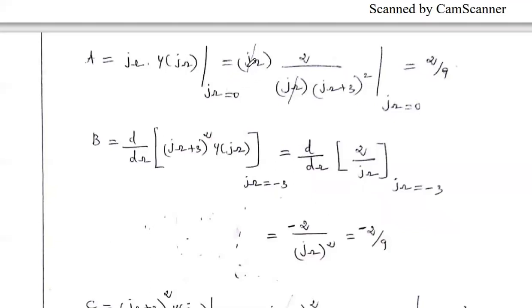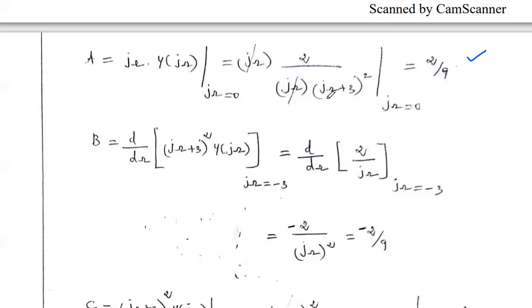Y of j omega is 2 by j omega into (j omega plus 3) whole squared. Here j omega cancels, and in the remaining term wherever j omega is there, we put 0. In the denominator 3 squared is 9, and in the numerator there is 2. So the answer for A is 2 divided by 9.